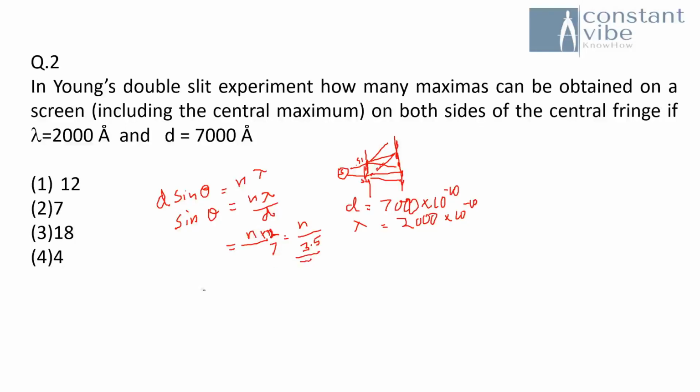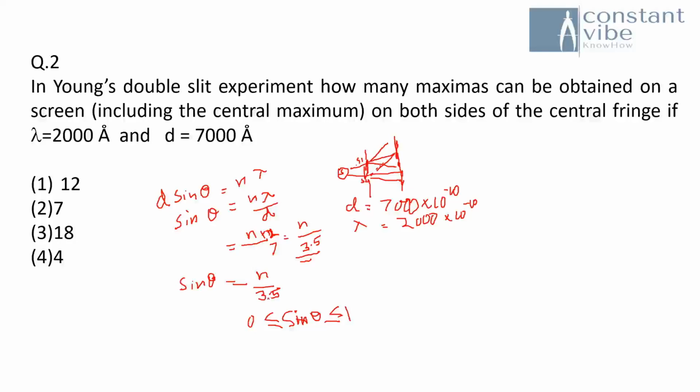Okay, so sin theta is equal to n divided by 3.5. As you know, the value of sin theta will be greater than or equal to 0 and less than or equal to 1.